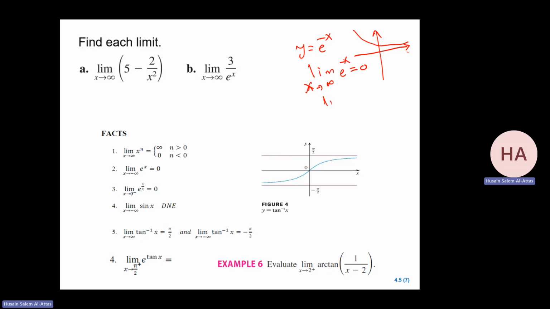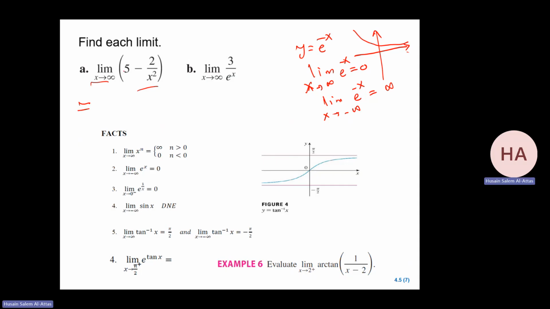Okay. So what is the limit as x goes to minus infinity of e to the minus x? That will be infinity. So we can think of the exponential function: if the argument of the exponential function goes to infinity, then I'm getting infinity. If the argument goes to minus infinity, then I'm getting 0.